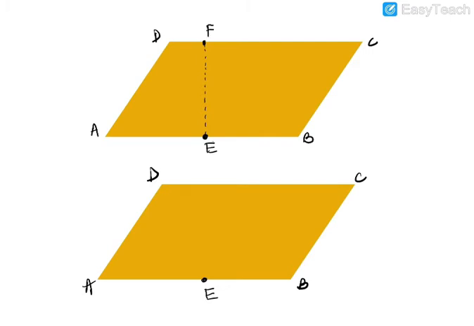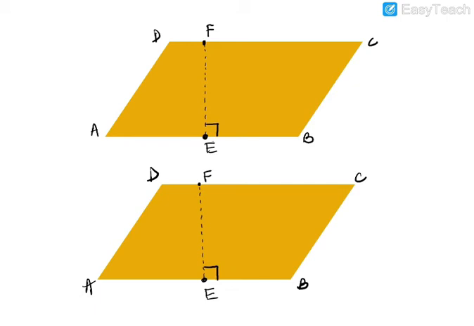Mark this point as F. Repeat the same steps for the second parallelogram. We do this step to obtain a perpendicular to AB. So this line FE is a perpendicular to AB.